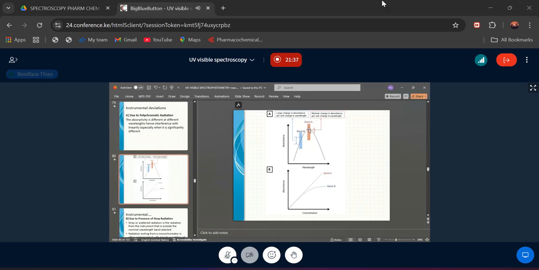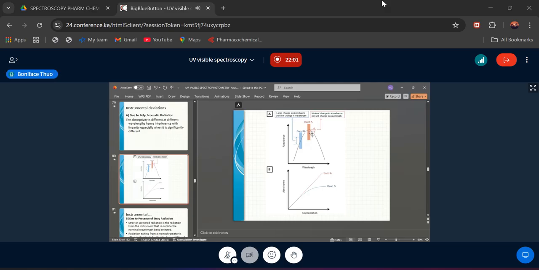So if you use a band of radiation, let's say 5 nanometers wide, you are measuring using maybe 245 to 250 nanometers as your bandwidth.